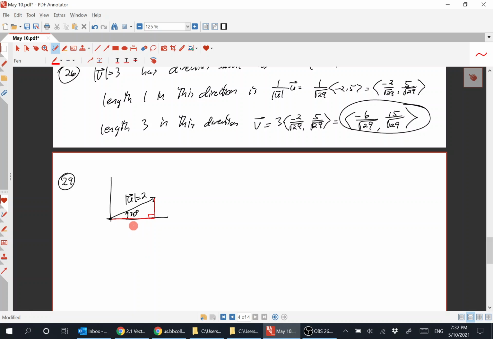So this length is 2, the length of the hypotenuse, times cosine of 30, since it's the adjacent side of the angle. And this one is 2 sine 30.